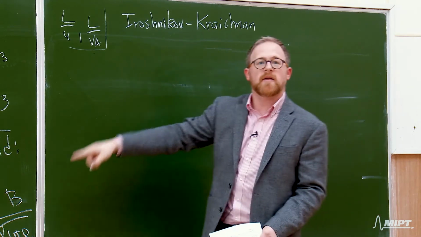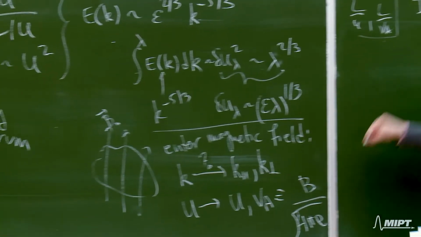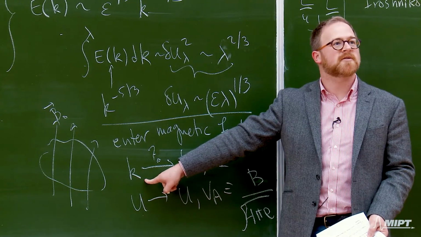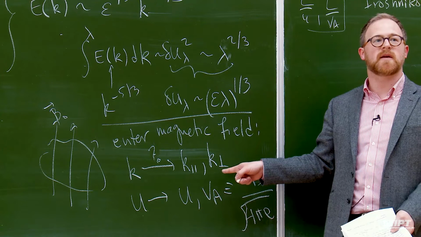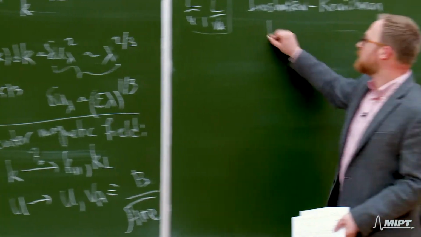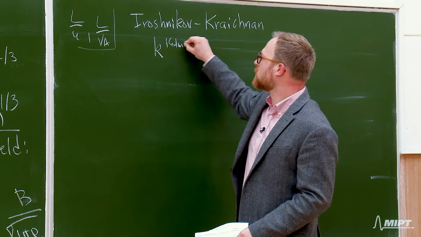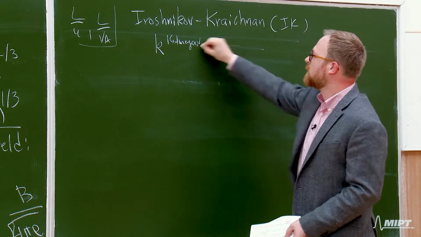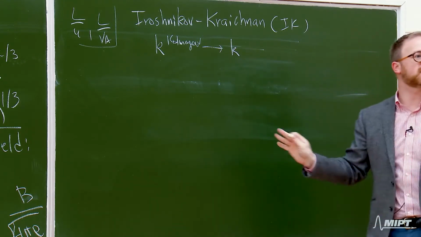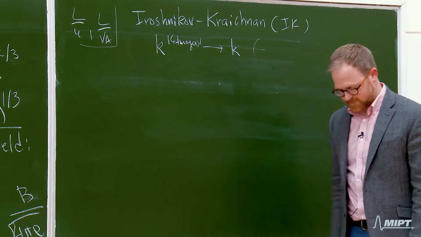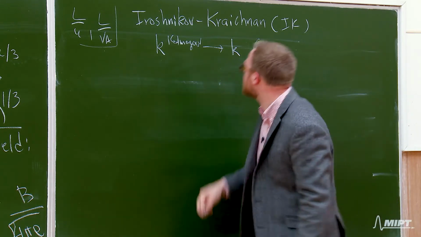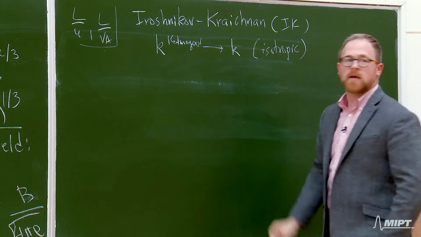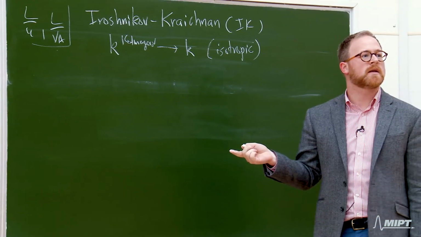And how they sort this out: there's this question of how I take an isotropic wave number and split it into parallel or perp. They don't do that. So I have a K in Kolmogorov, and in IK theory, it just stays K. It's just still isotropic. So that's one choice that's made.